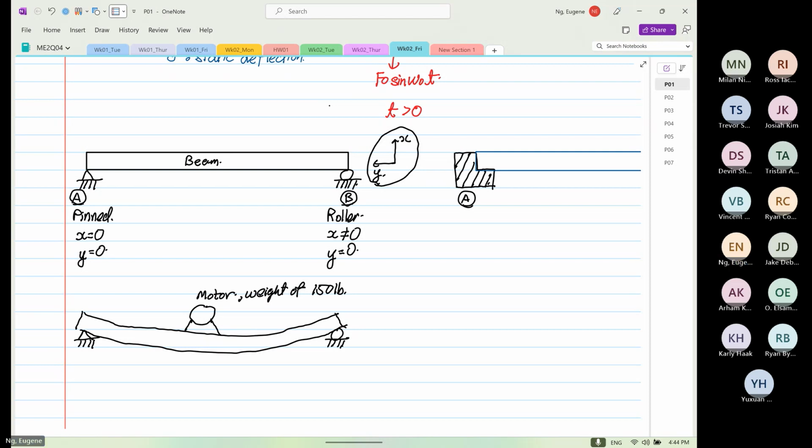And given to us, the deflection over here is equal to 1 inch. The deflection is equal to 1 inch.